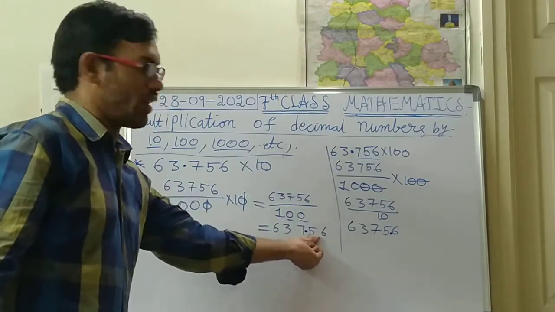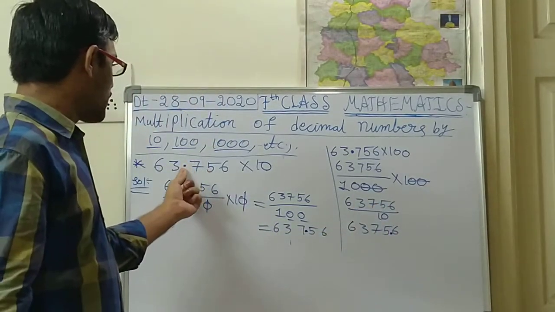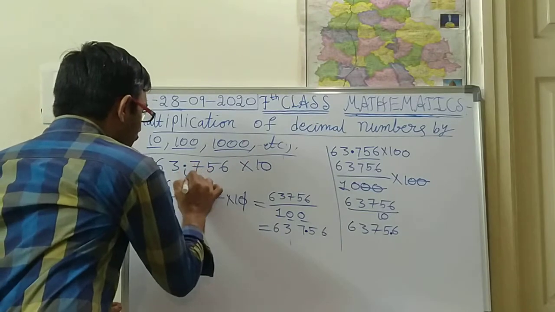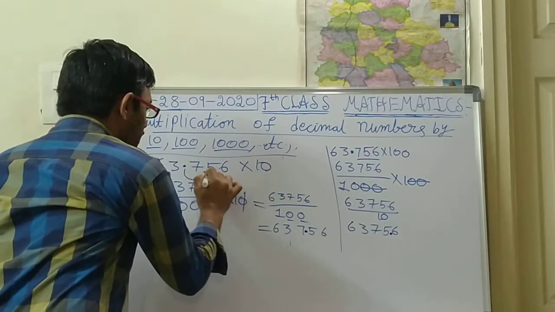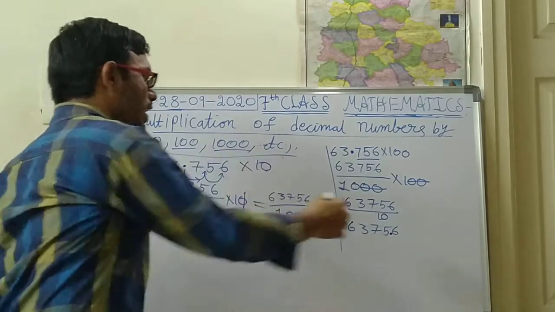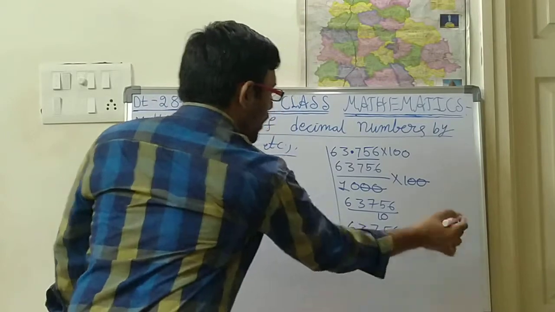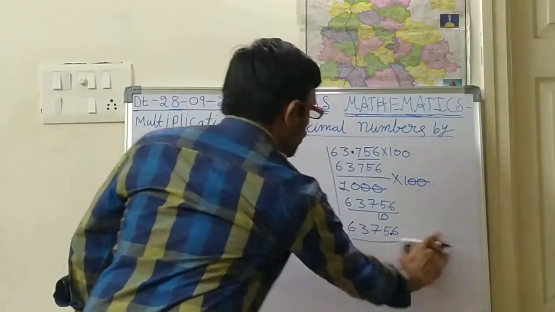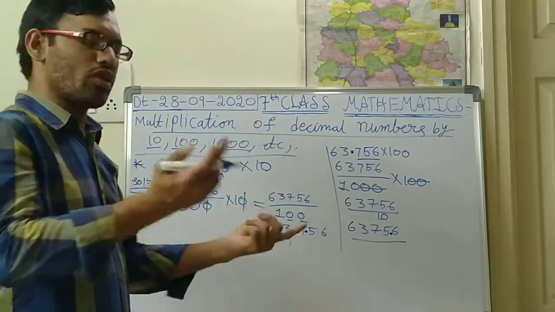That means the decimal point is gradually coming to this side. Again if you multiply with 1000, what will happen?